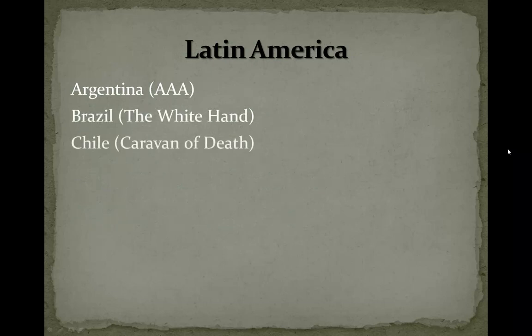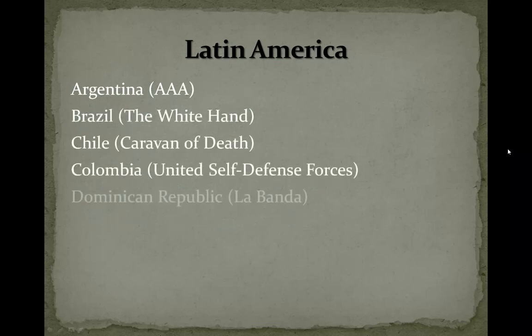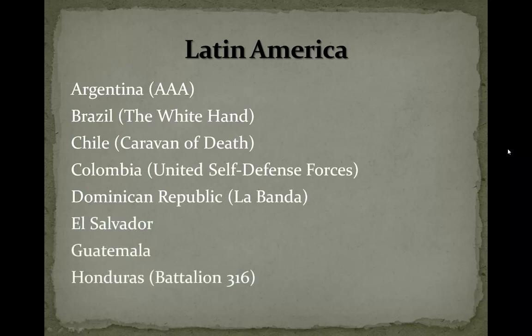Now, comparing that to Latin America, what we see again is that a lot of these governments had military dictatorships and saw threats everywhere, including from communist states. And so we see these kinds of right-wing groups, which in Latin America we tend to label as death squads.